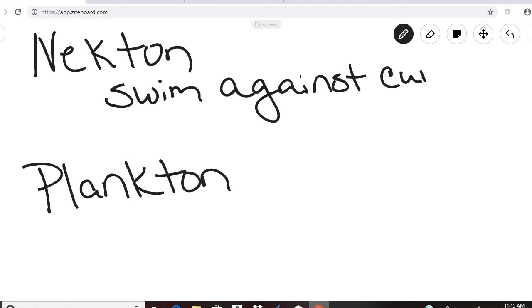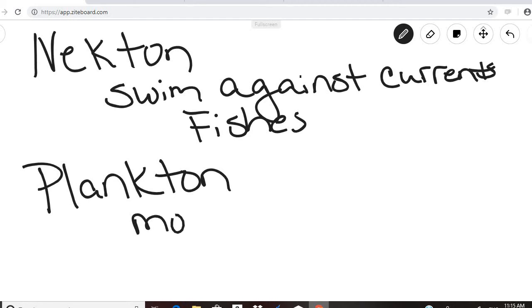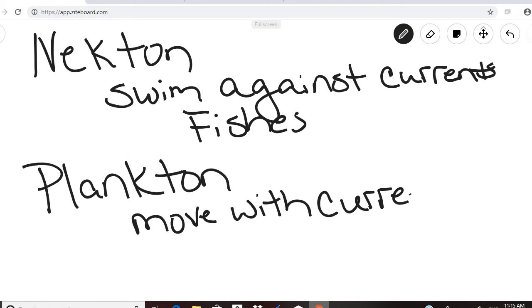So most fishes would be nekton. And then plankton are things that just move with the currents. Okay, so they're not able to swim against the currents, so they just get carried along with the ocean currents.